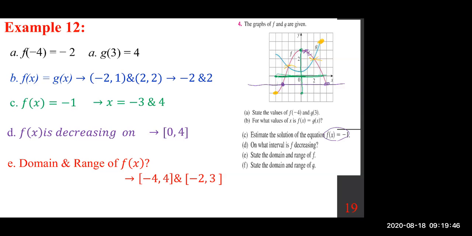You can figure out the domain and range for g of x in the same manner. I wouldn't worry about that. Very straightforward for g, the blue one, from -4 to 3 is the domain. The range seems to be from 0.5 roughly to 4. If by any chance you read that 0.5 differently, it's okay, it's not that big.